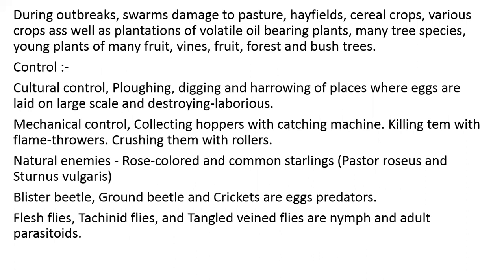Natural enemies: rose-colored and common starling, pastor roseus, and Sturnus vulgaris. Blister beetle, ground beetles, crickets are egg predators. Flesh flies, tachinid flies, and tangled veined flies are nymph and adult parasitoids.